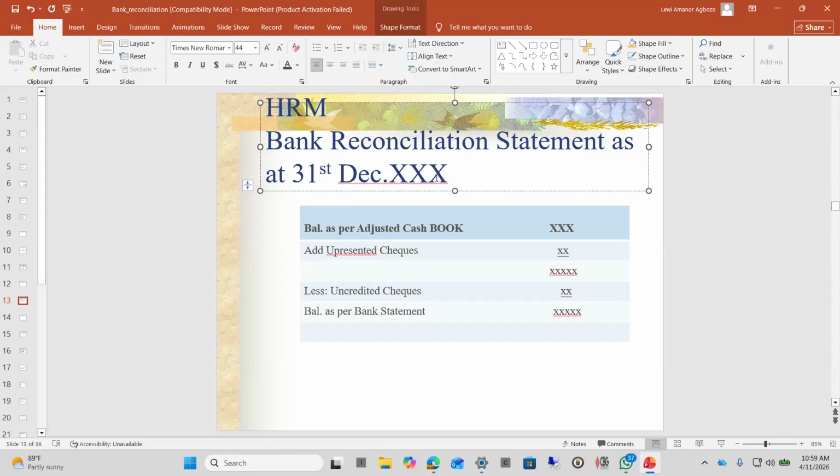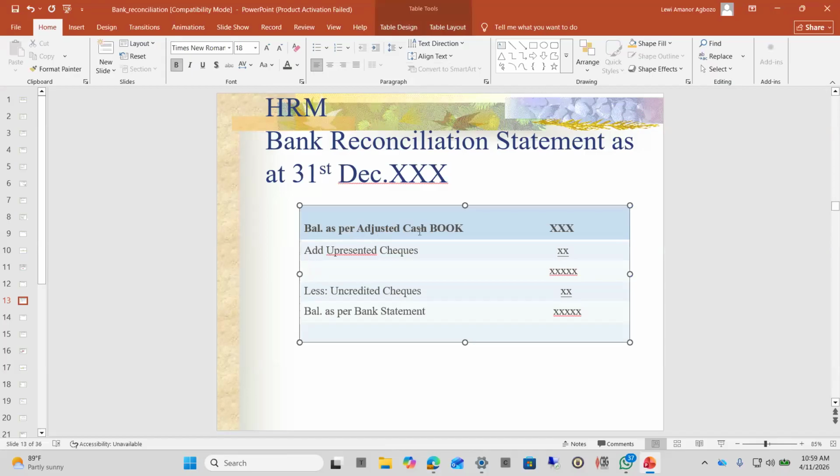This is the date. Then the bank balance as per adjusted cash book. Then add unpresented checks. Then less uncredited checks. And then you get your balance as per bank statement.